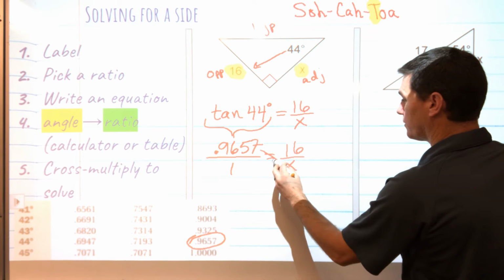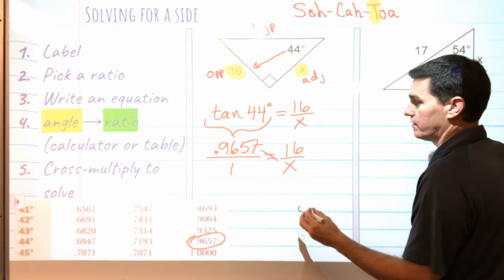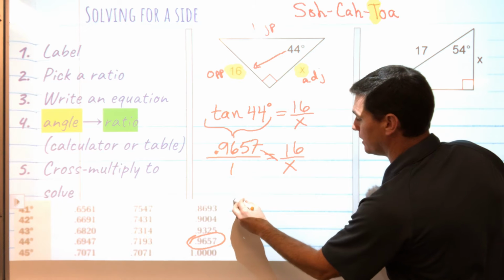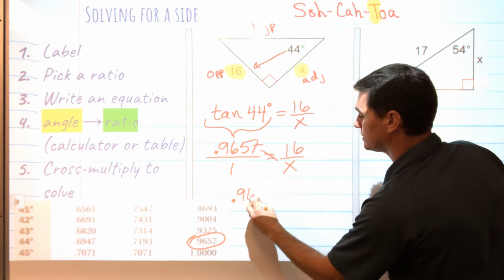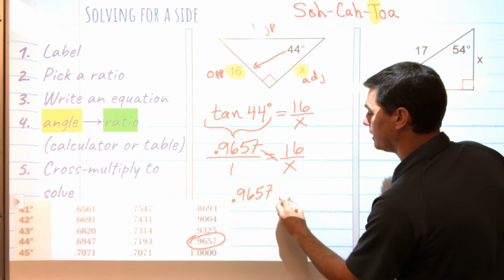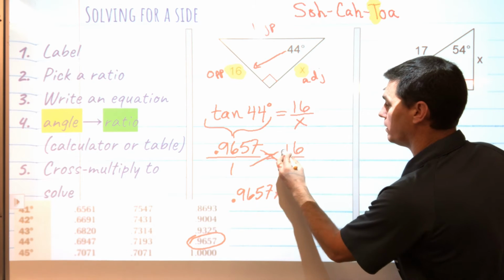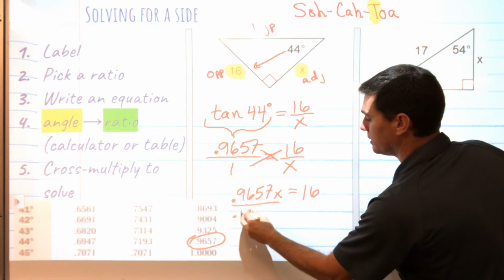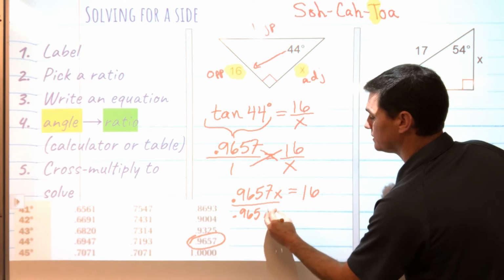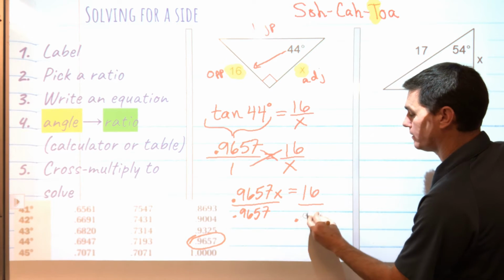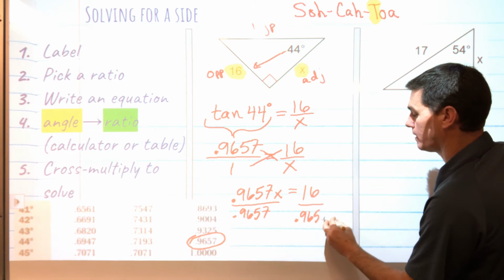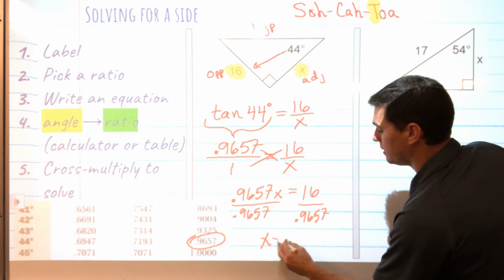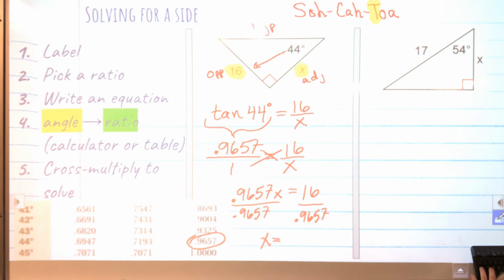I multiply 0.9657 times x, and I get 0.9657x equals 1 times 16, which is 16. And I divide both sides by 0.9657. And x equals, we might need the help of a calculator here.